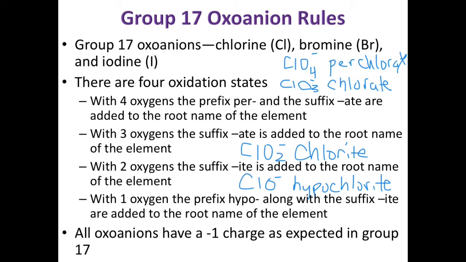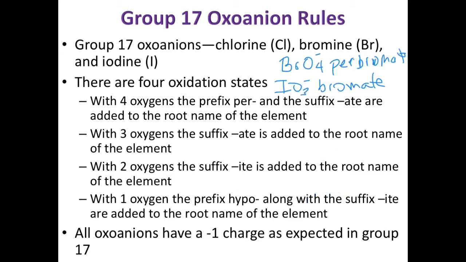All these oxoanions have a -1 charge, as you would expect in group 17, and this pattern is followed through all three of the central atoms: chlorine, bromine, and iodine. So I've also shown here perbromate, BrO4 minus, and I wrote bromate and I meant to write iodate for IO3 minus.